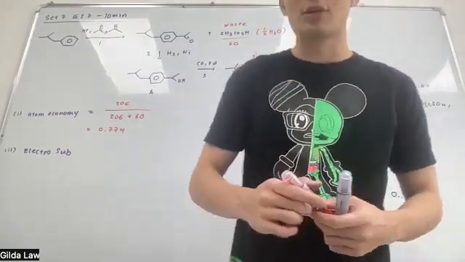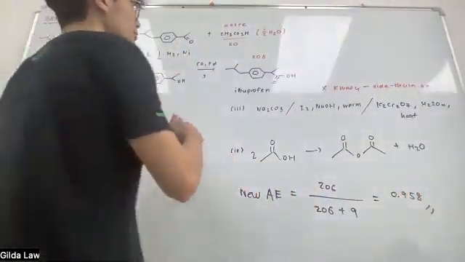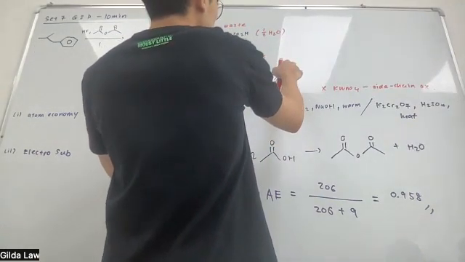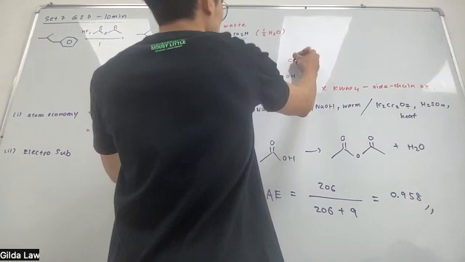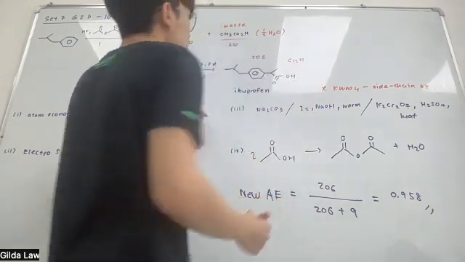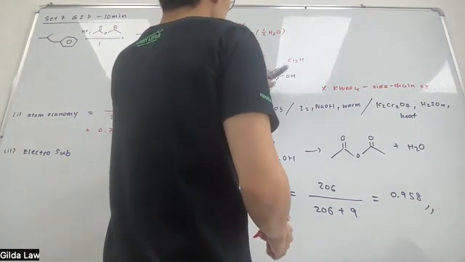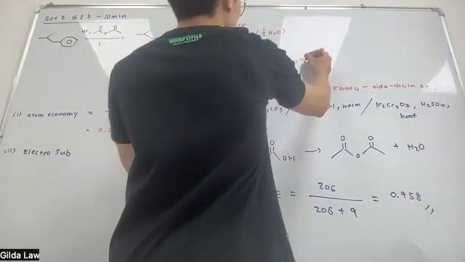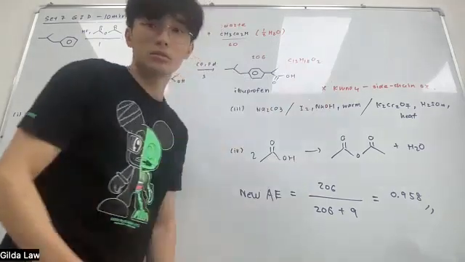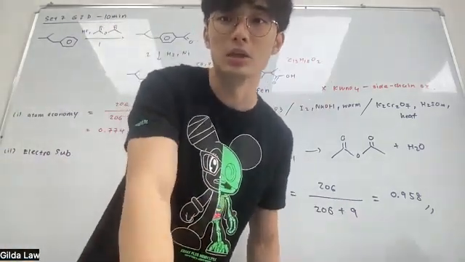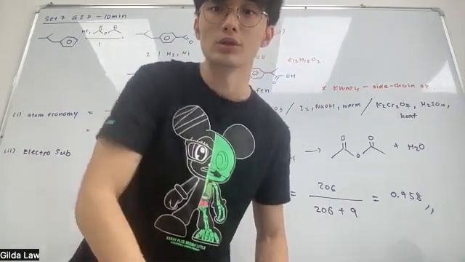Your ibuprofen, just go and count again. Now you can see that I got C13H18O2. I didn't get 20H. You can count again.